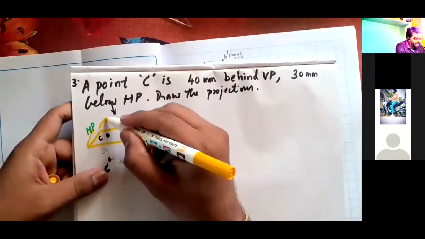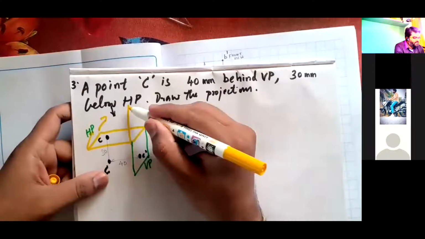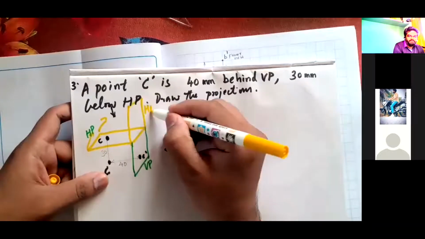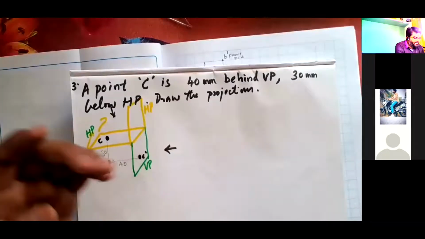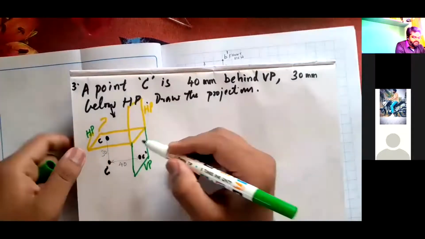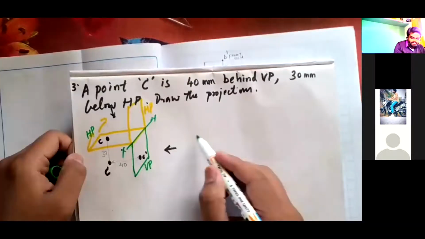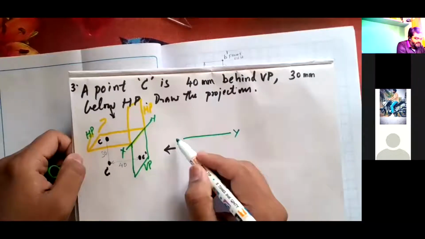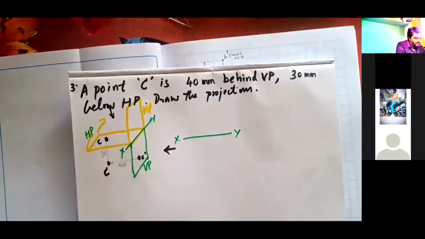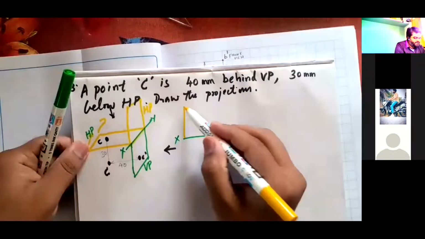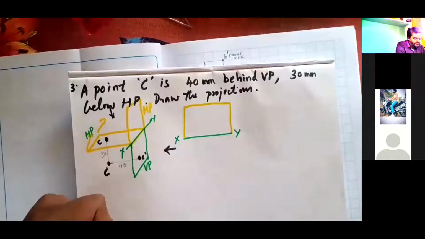So horizontal plane will come above and vertical plane will come below. If I rotate from XY line, if I draw an XY line, horizontal plane will be above and vertical plane will be below.